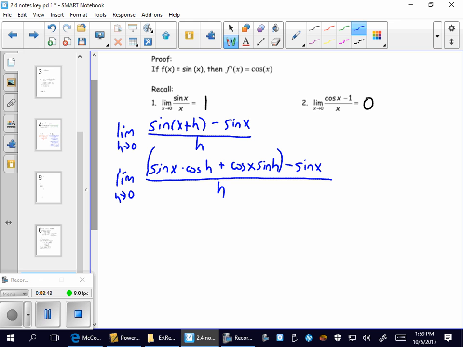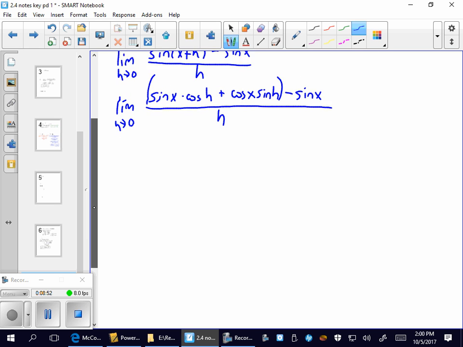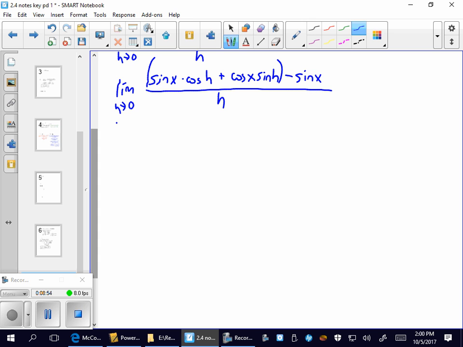All right, so here's what we're going to do. We're going to rearrange a little bit of the stuff on the top. So we're going to write, let's see, limit h approaches 0. We're going to write the sine stuff kind of together. So it's going to be sine of x cosine h minus sine of x, just bringing that minus sine of x to the middle, and then plus cosine x sine h all over h.